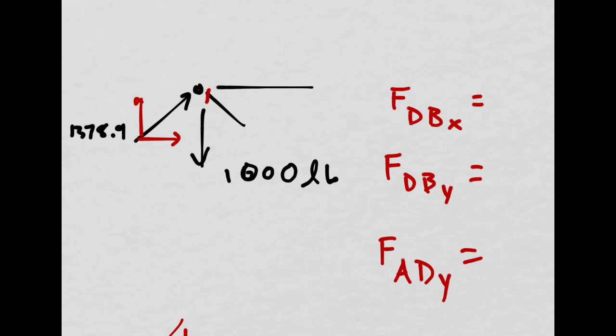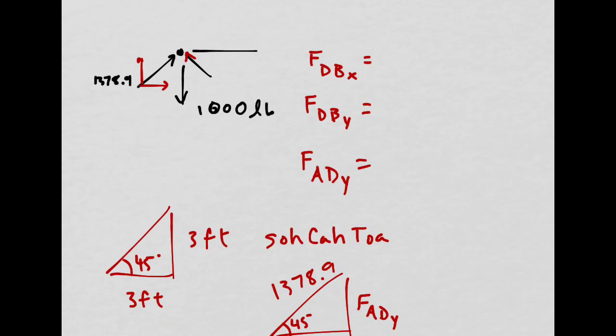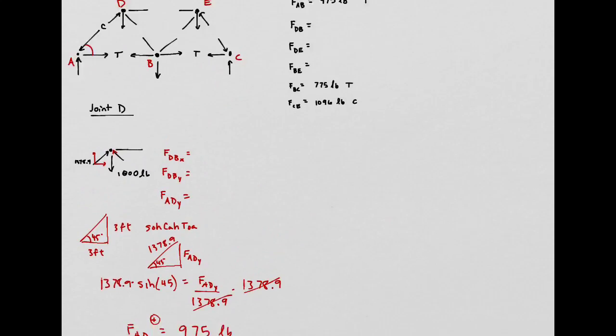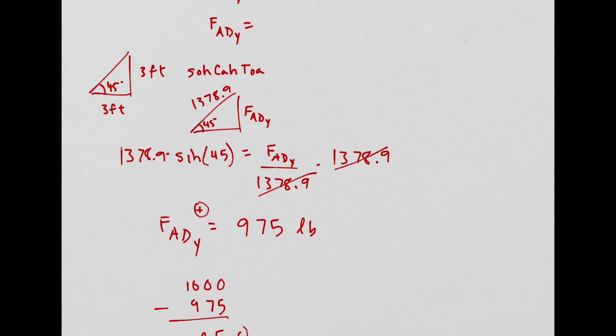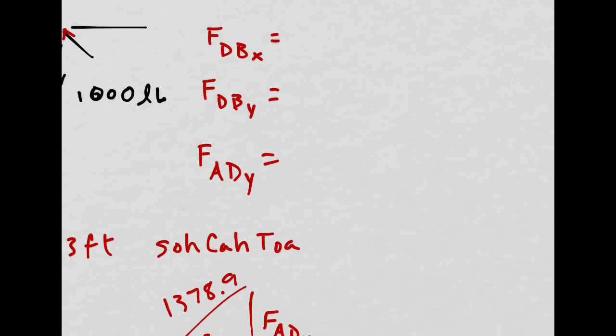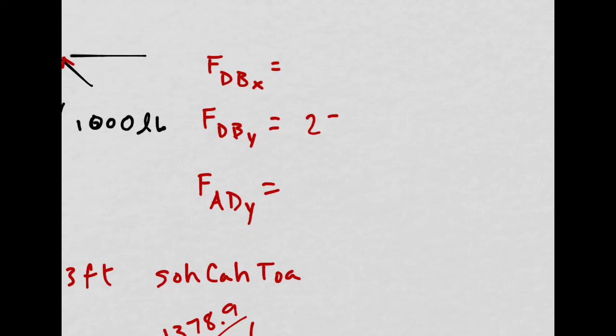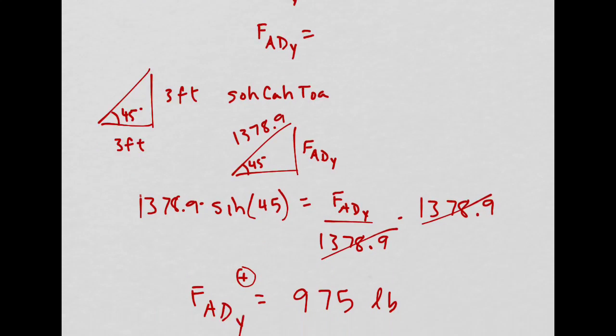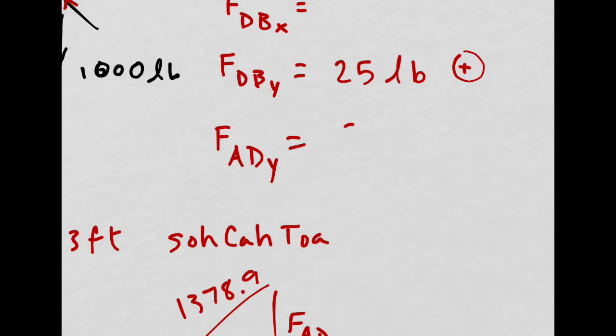That means this has to be pointing upwards, and FDBY is 25. FDBY is 25 pounds, and it's in the positive direction. FADY, I already figured out that's 975 in the positive direction, pounds.